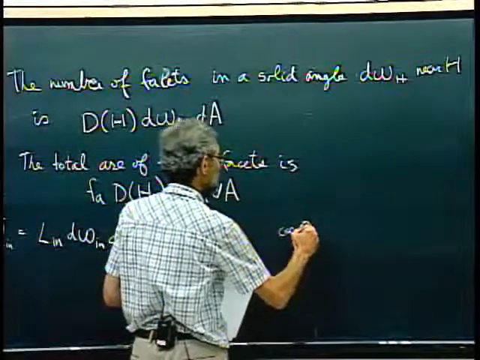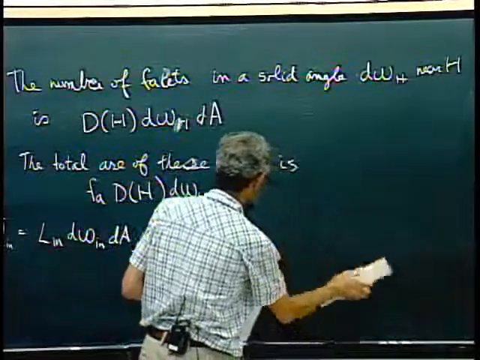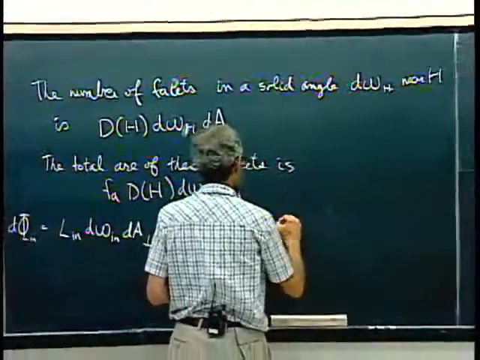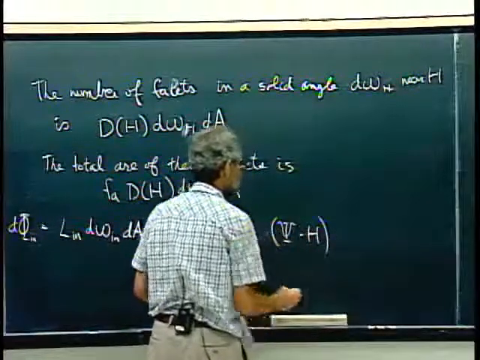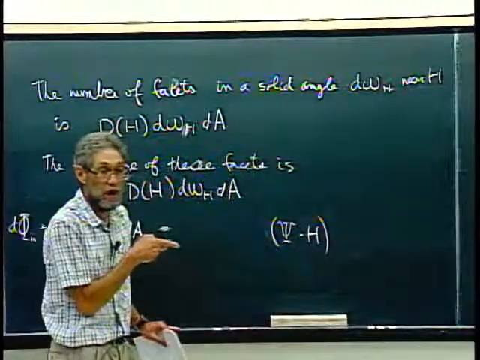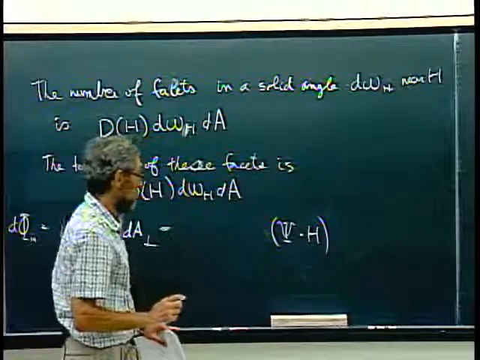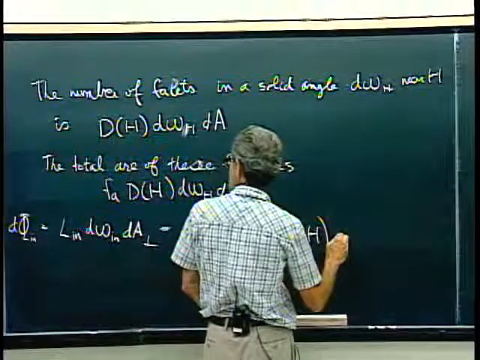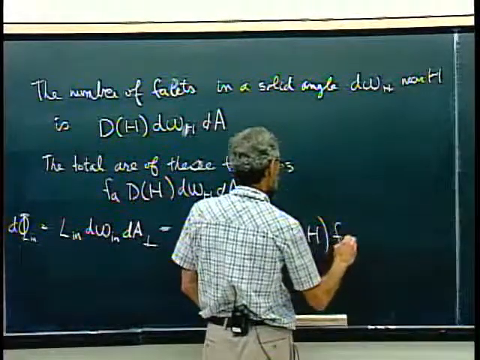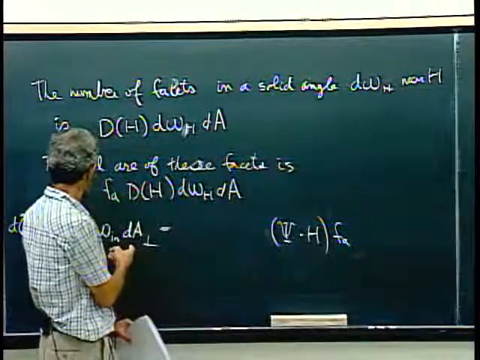cosine of beta, isn't it? Actually, cosine of beta is the same as psi dot h. Right, that's the cosine of the angle between the incoming direction and the normal to this little facet. And if we multiply that by the area of the facet, then we get the area perpendicular.